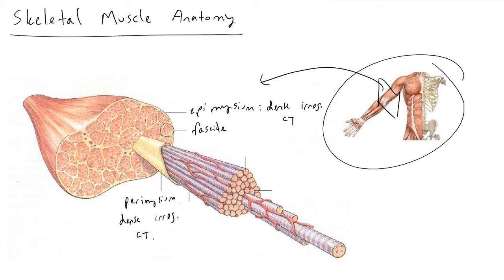Now, as we look deeper within the fascicle, we're going to find these things called myofibers. These myofibers are multinucleated cells.